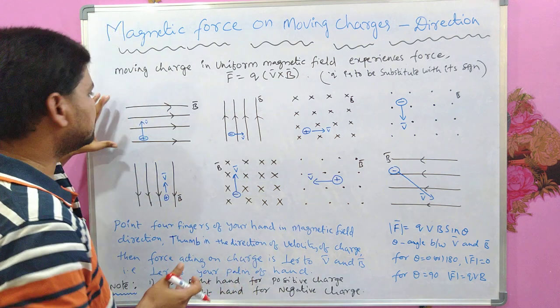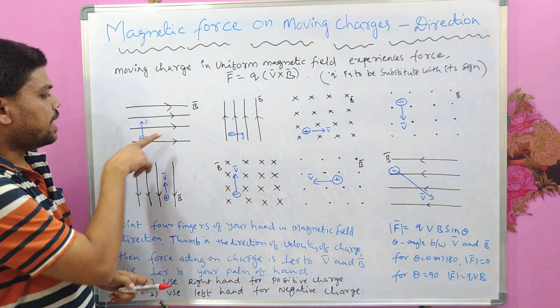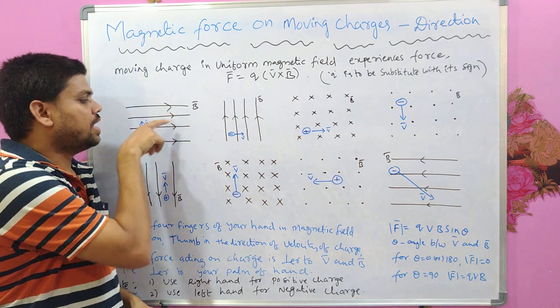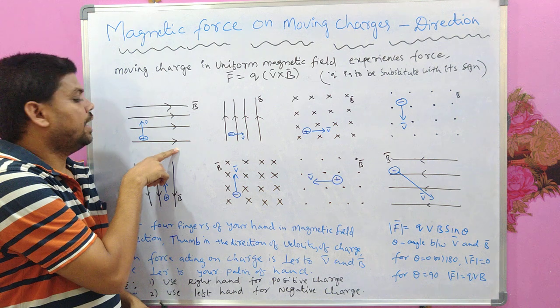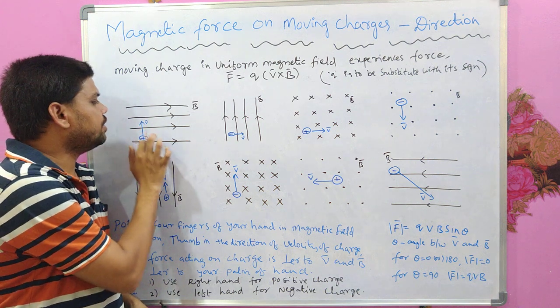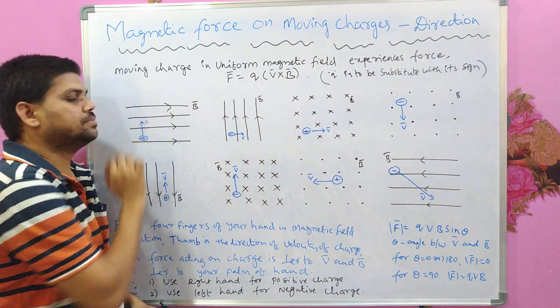So this is the first example I am going to explain, where the magnetic field direction is as specified with the arrow mark, and a positive charge is moving perpendicular to the magnetic field with velocity in the upwards direction.